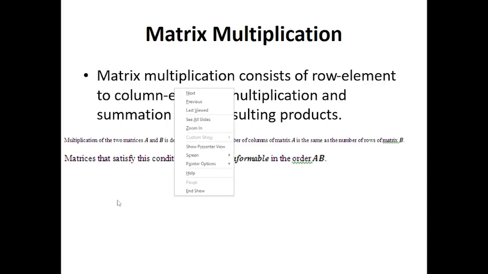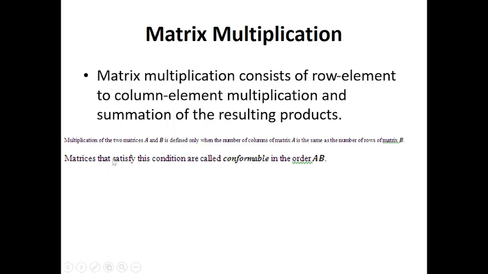Okay, so in this case, matrices that satisfy this condition are called conformable in the order AB. Pagka yung number of columns ng matrix A ay kapareho ng number of rows ng matrix B, the two matrices are said to be conformable in the order AB.